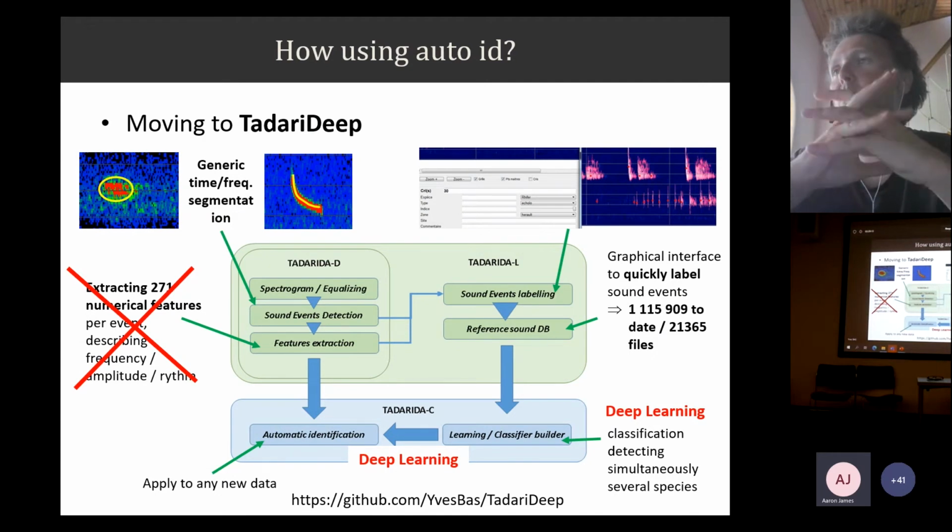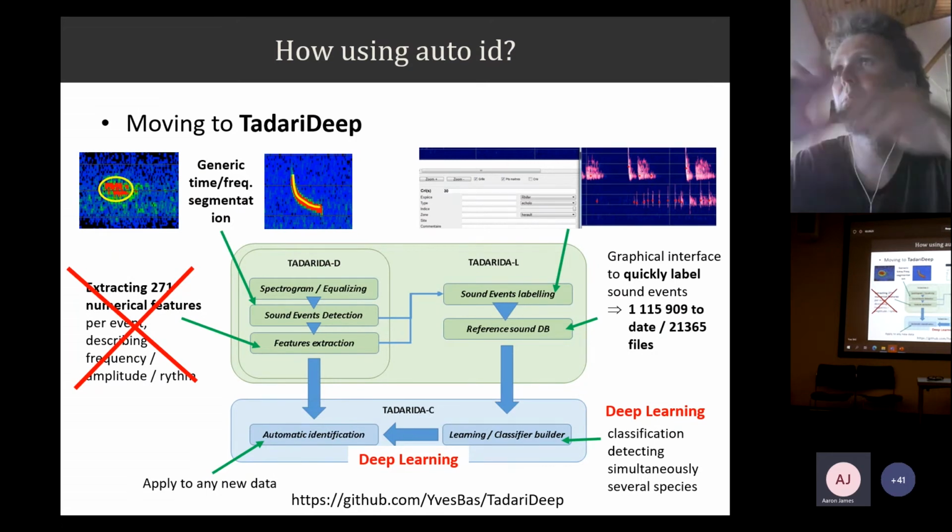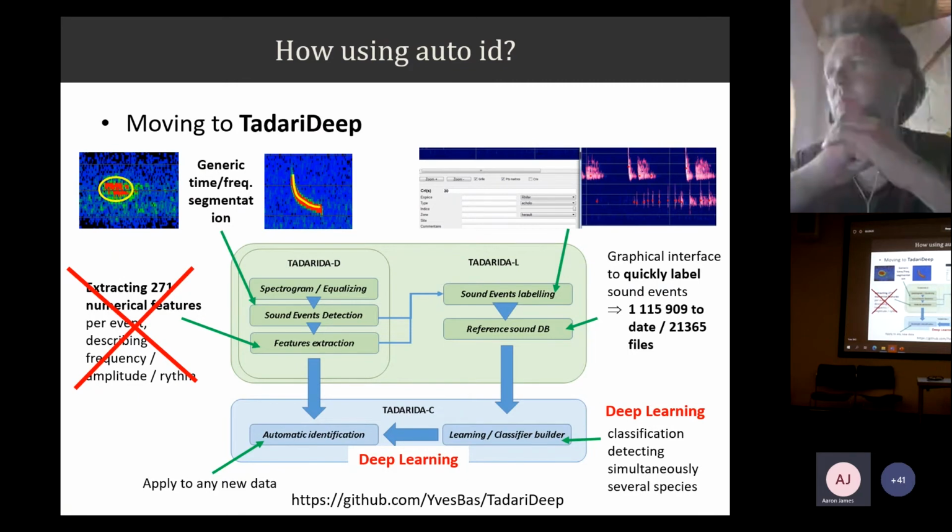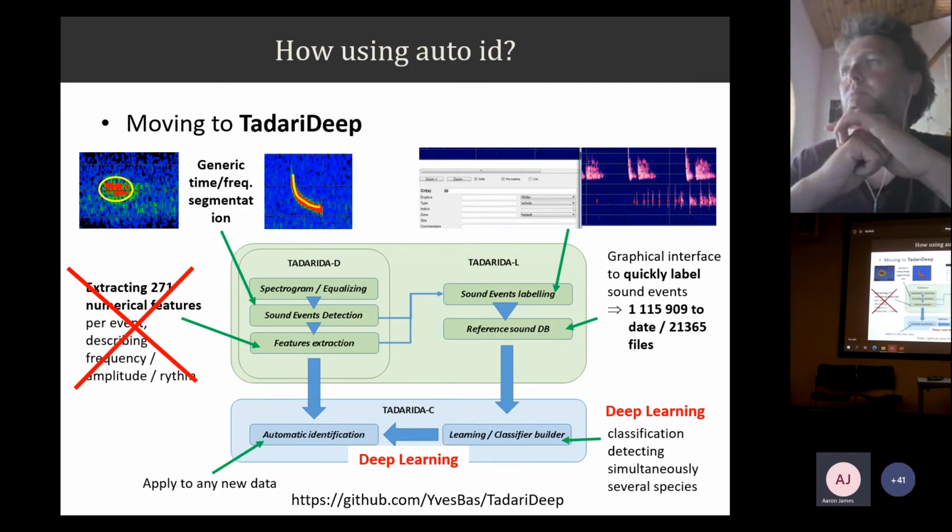And at least for birds, it seems really interesting to use deep learning instead of random forest. Like Kate Jones said this morning, this is keeping the feature extraction step, so we are classifying on the spectrogram itself. It sounds promising, still under development, but it's open source, so if you want to take a look, you can.